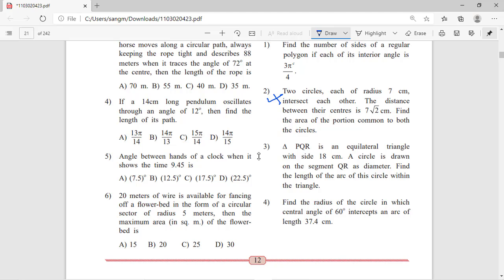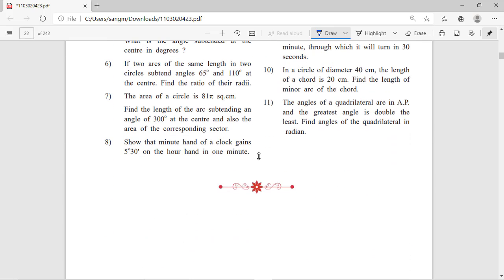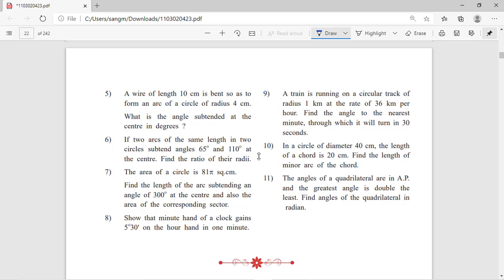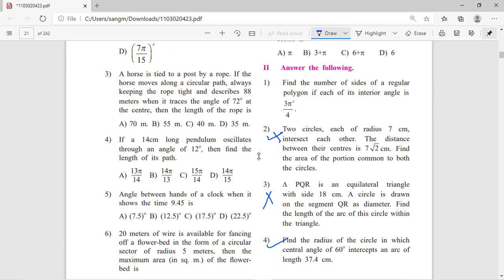The equilateral triangle one, I will solve this too, don't take this for homework. So what you can take is question numbers 4, 5, 6 and 7 for homework. All the questions are very simple. And 8, 9, 10, 11 and 2 and 3 we will solve in the class.